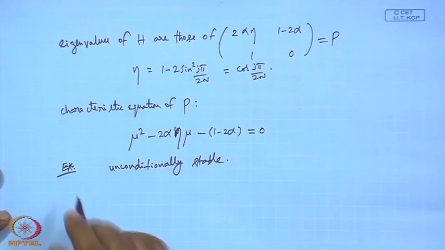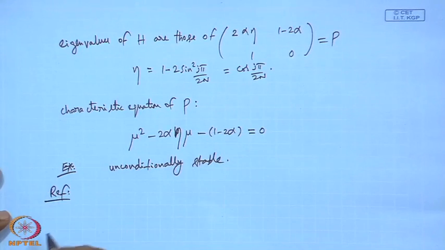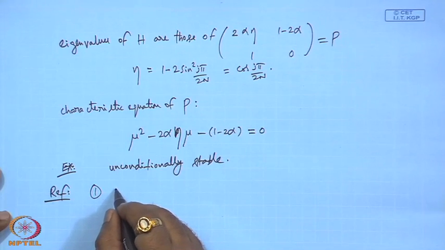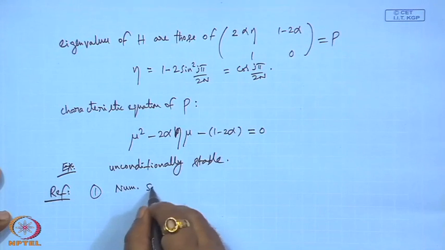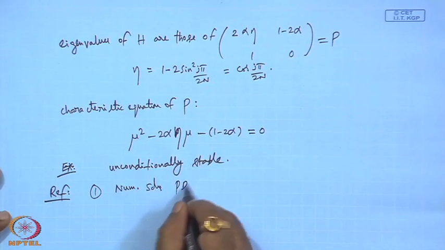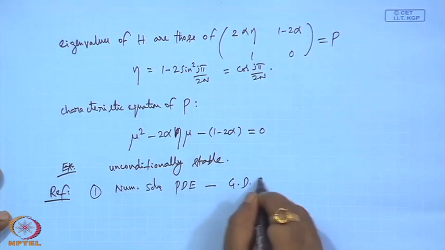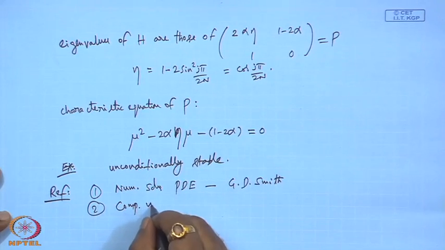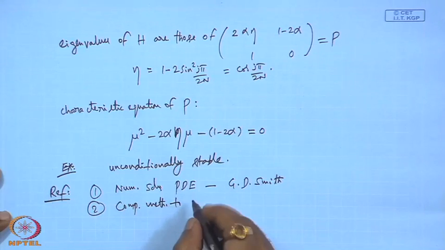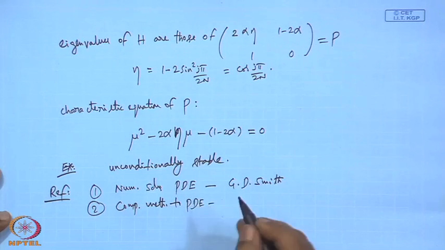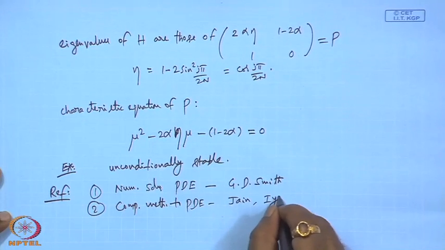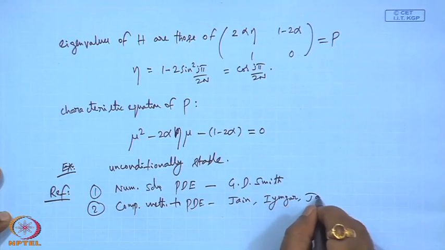Here I would like to mention a point about references. I have been mentioning G.D. Smith, Numerical Solutions to PDE, and the second is Computational Methods to PDE by Jain, Iyengar, Jain.